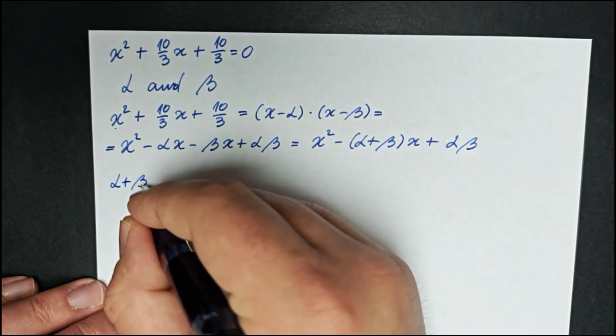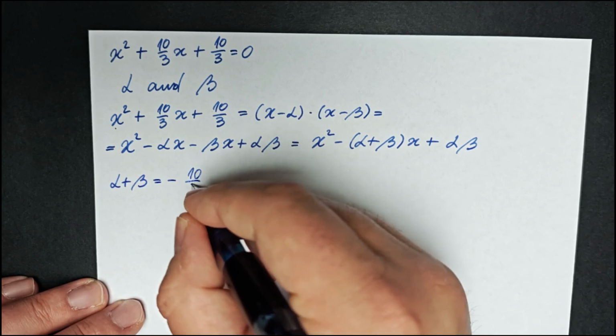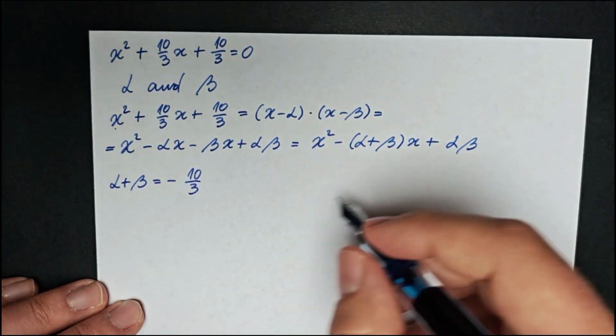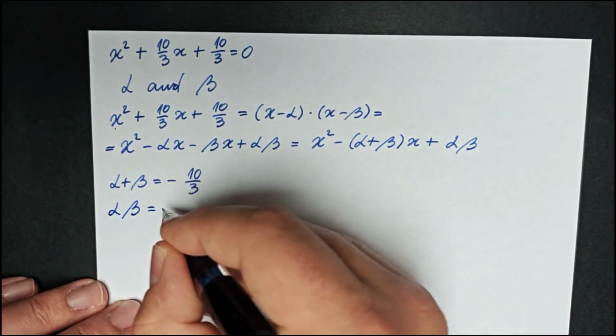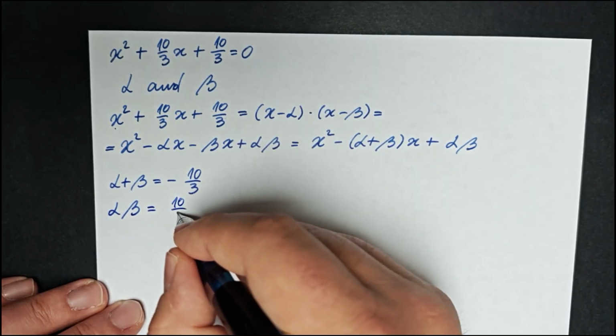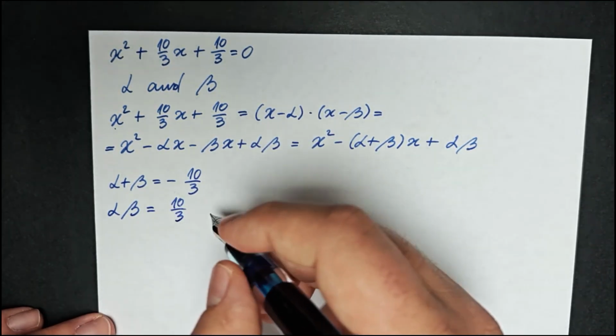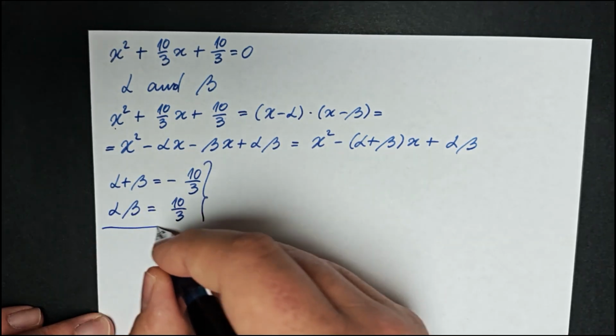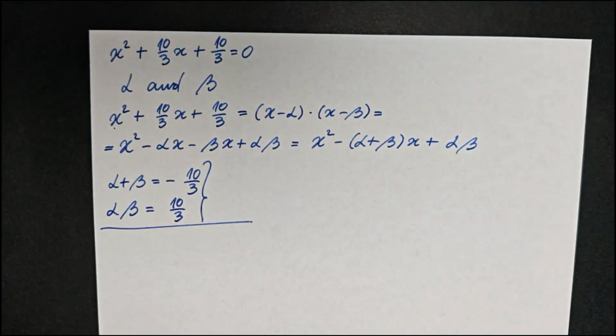X squared corresponds to x squared, x corresponds to x, and therefore alpha plus beta has to be equal to negative 10 over 3. Alpha multiplied by beta then has to be equal to 10 over 3. So we have to solve this system of two equations with two unknowns to get alpha and beta.